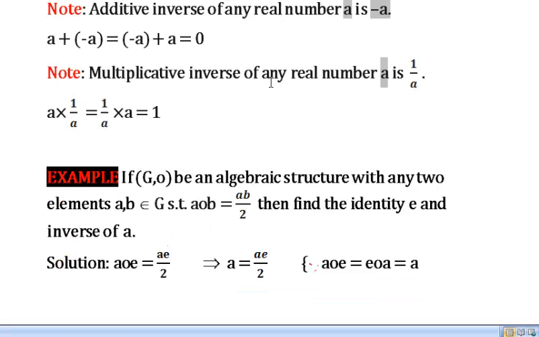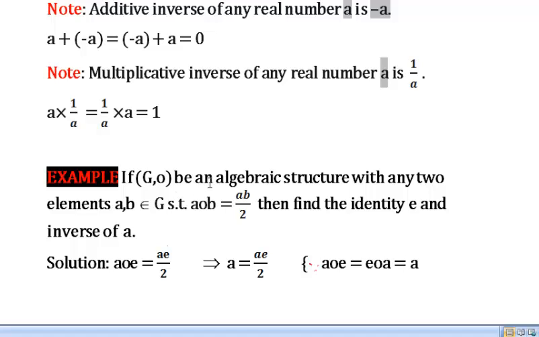Again we have to find multiplicative inverse of A. Since 1 is the multiplicative identity, therefore multiplicative inverse of A is equal to 1 upon A, since A cross 1 upon A is equal to 1 upon A cross A is equal to 1. Therefore multiplicative inverse of any element A is 1 upon A.